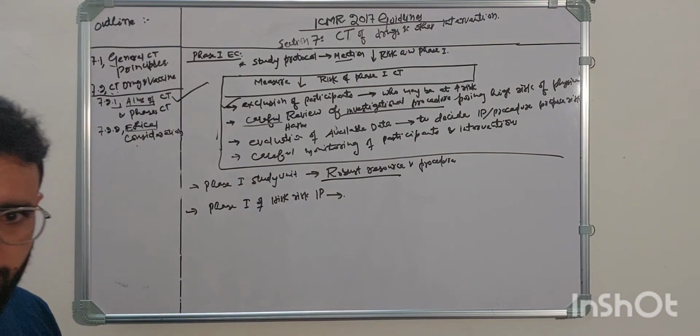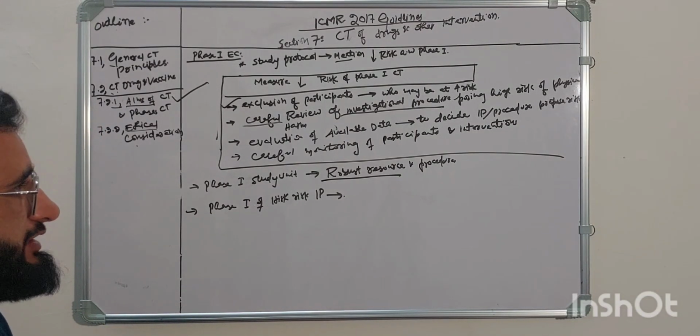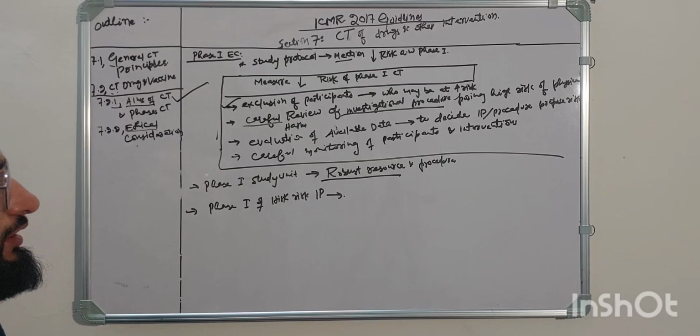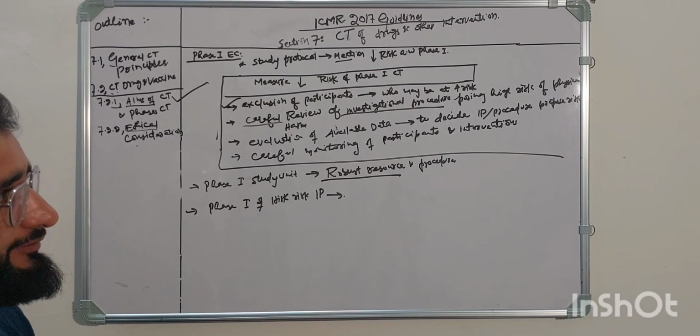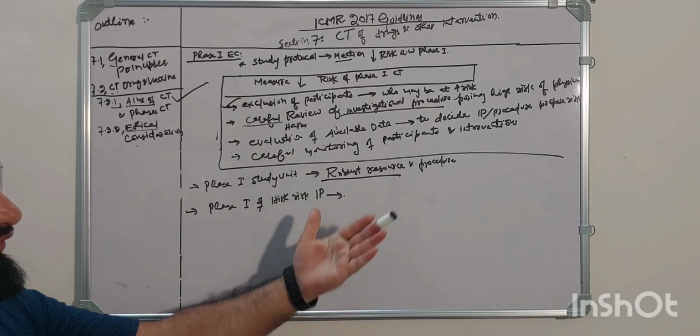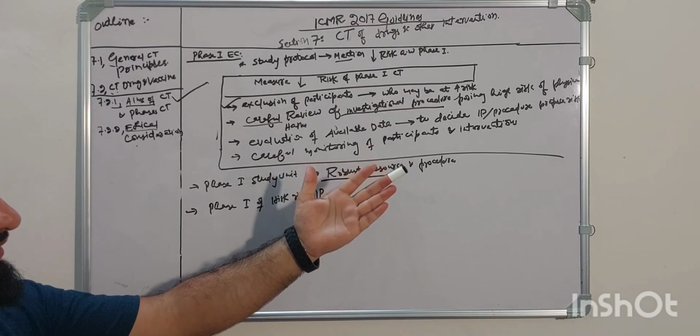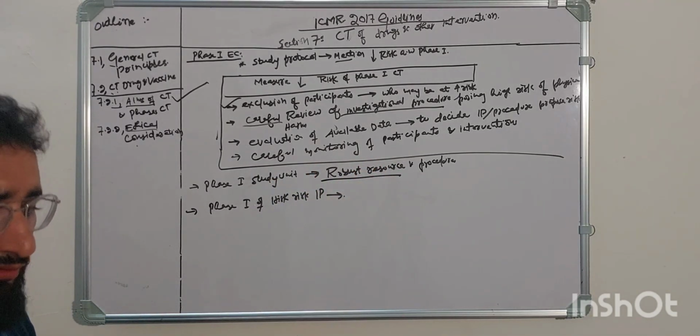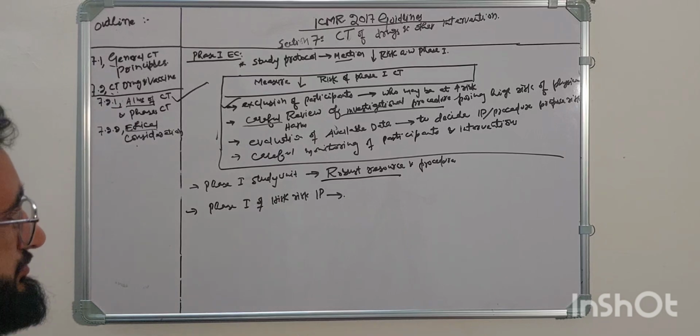The procedures which we follow during the phase 1 trial, we should review them thoroughly and find out if there are any procedures which may have risk.